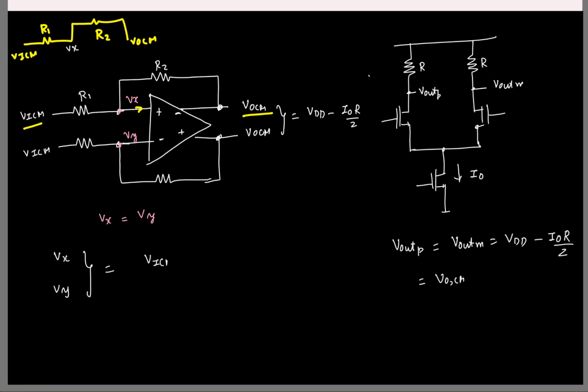First, what is the contribution from VICM? R2 by R1 plus R2. Okay, superposition. Similarly VOCM by R1 plus R2. Now if I choose both common mode voltages to be equal, then what is Vx and Vy?